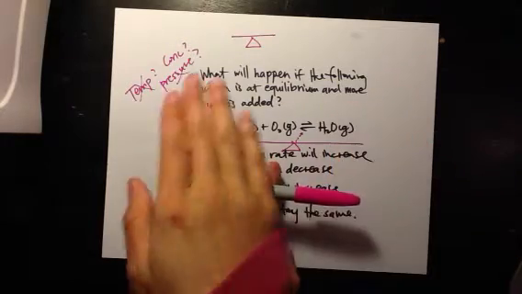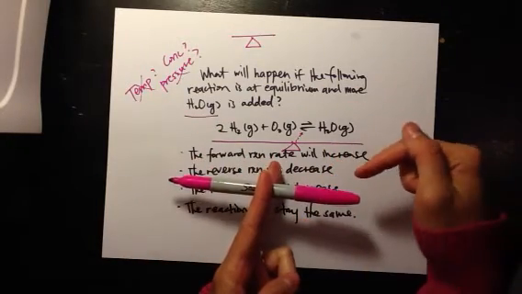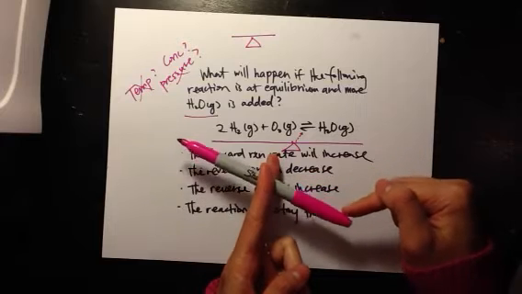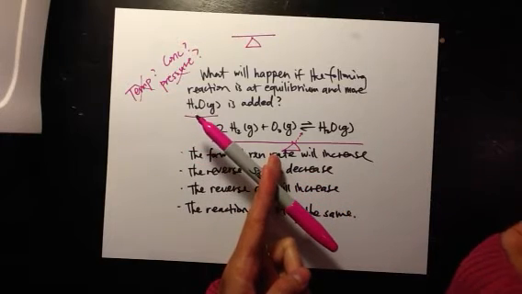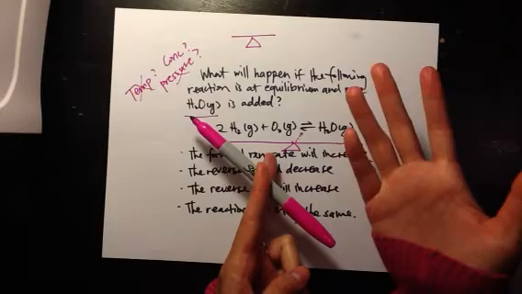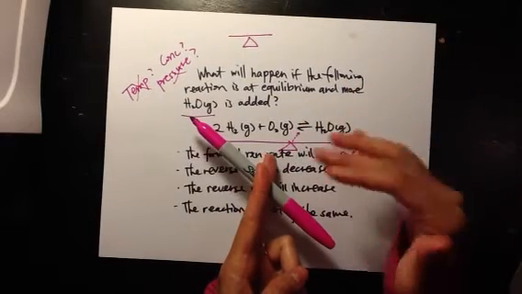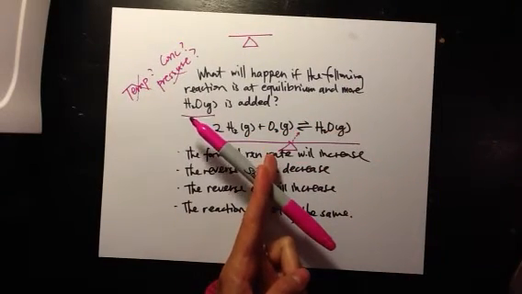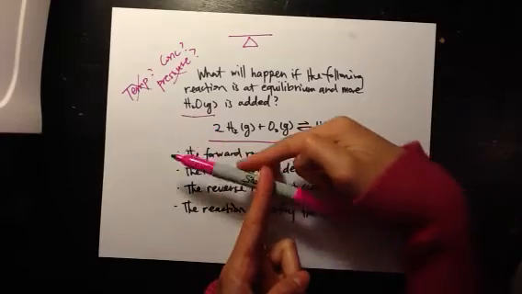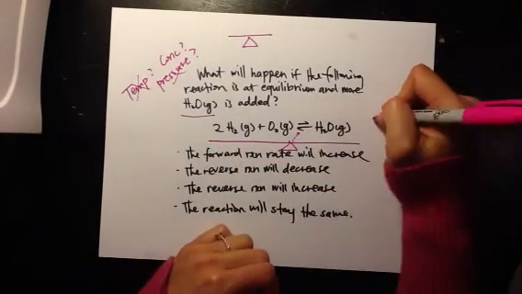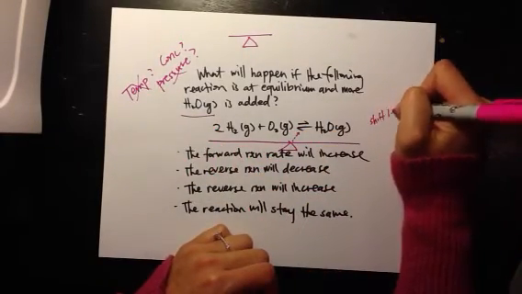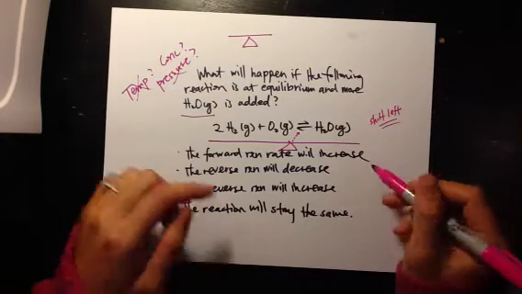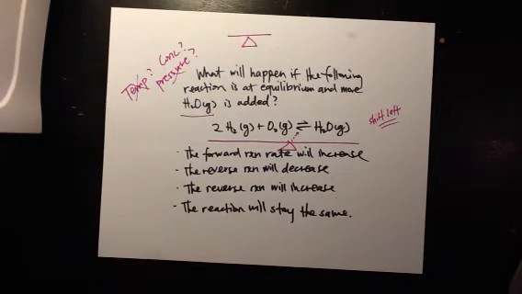It's on the left or on the right? It's on the right. Okay. You add H2O. This side gets heavier. Which way do you need to shift in order to bring it back to its happy balanced state? Gotta shift to the left. Shift left.